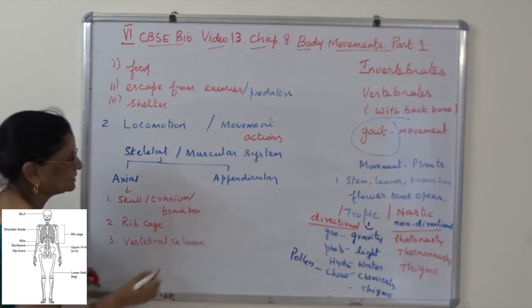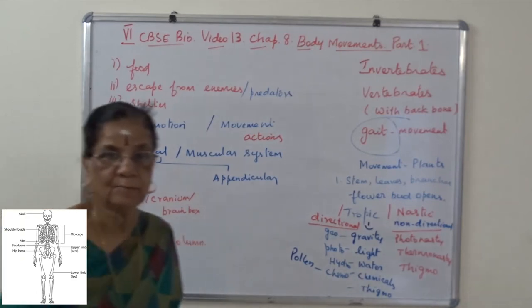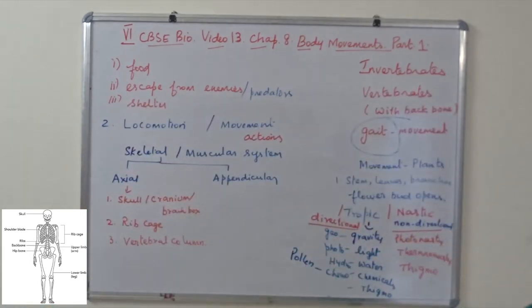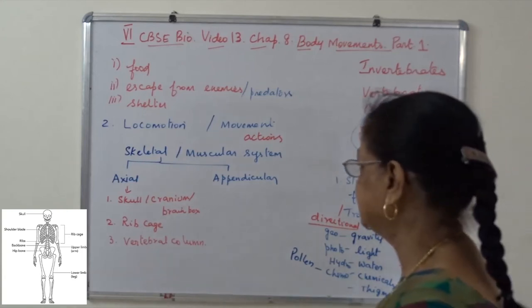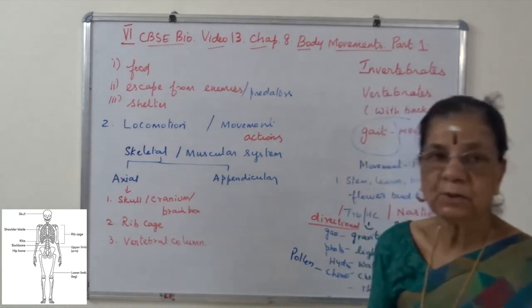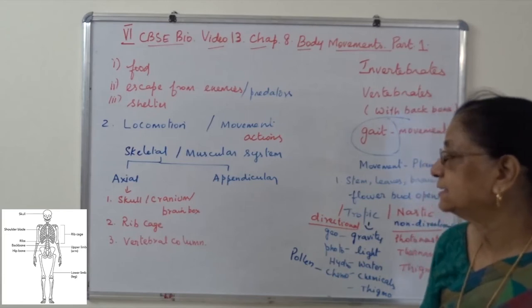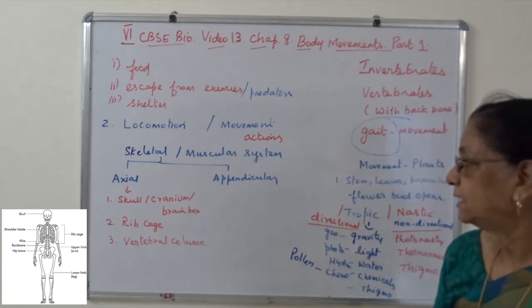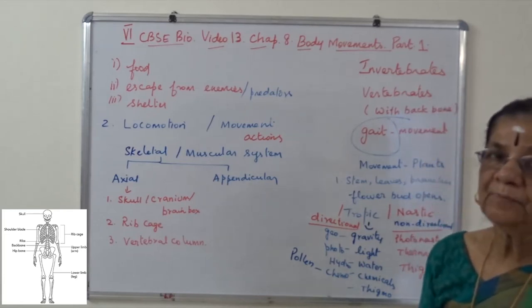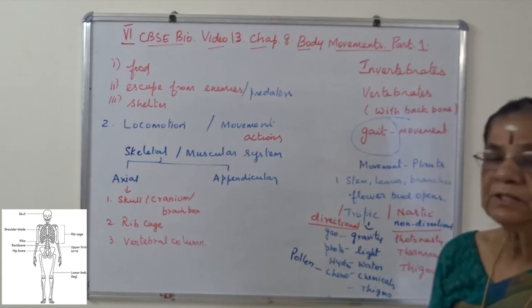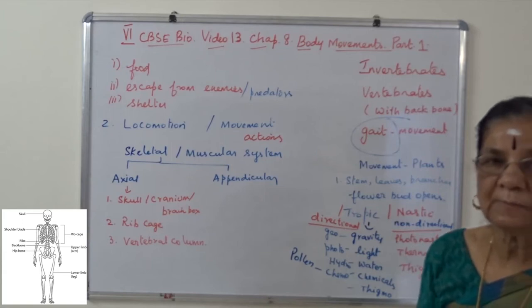There are two major divisions of skeletal system in man as axial skeleton and appendicular skeleton.